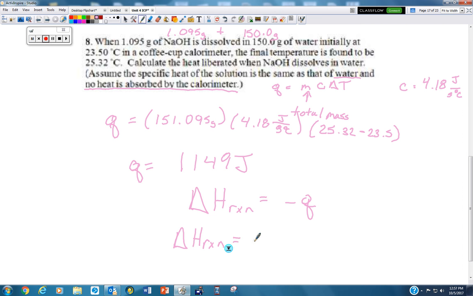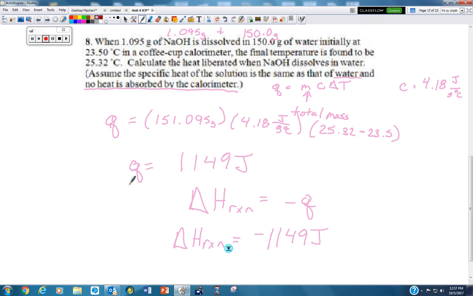We end up with negative 1149 joules. The reason why we do this is, yes, this is giving us the energy that is involved in this system, but we're wanting to know the energy that's happening in this reaction, so we need to know which direction it's going. So this is going to be on the product side, is all that's basically telling us.